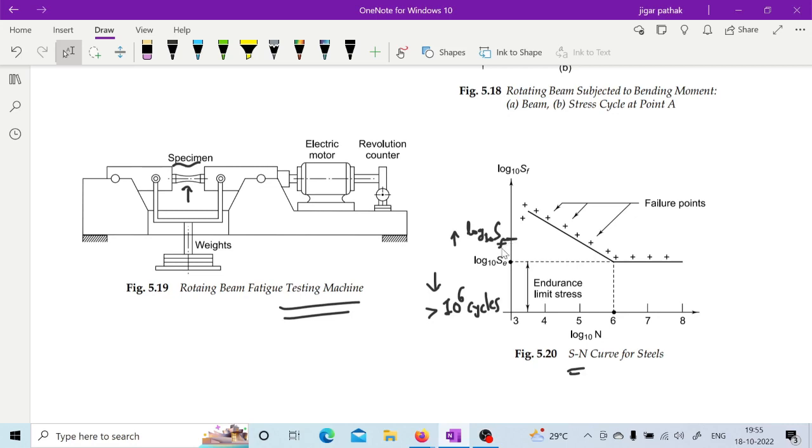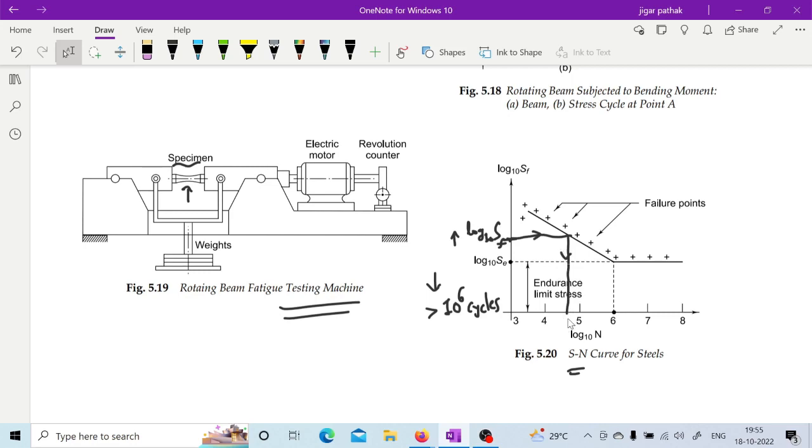If we would like to know the number of cycles your component or specimen will undergo without first crack or without failure, then it can be calculated by plotting a line parallel to this horizontal line, and then taking a parallel to the vertical line.